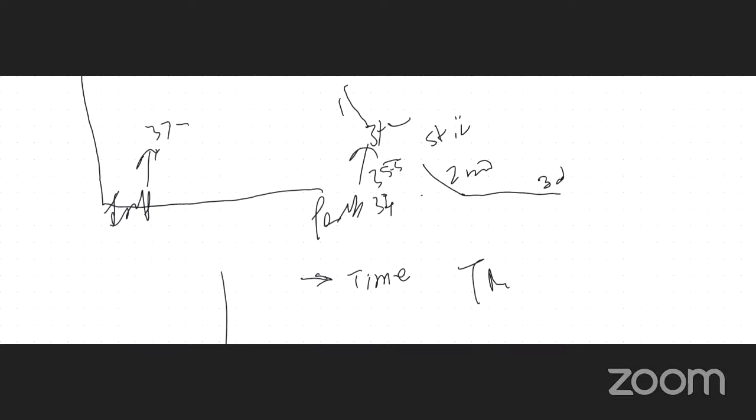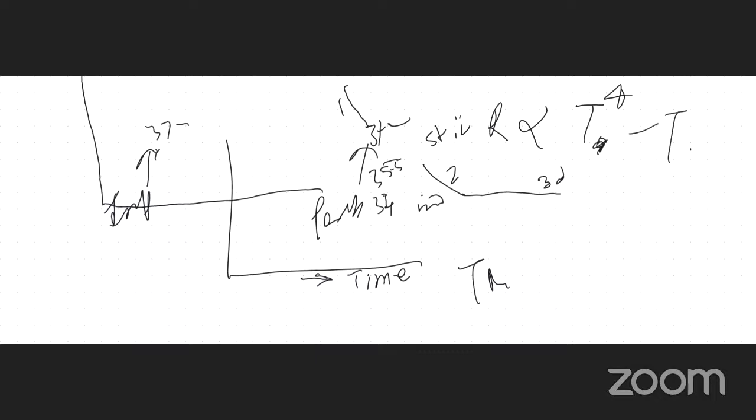There's another point, maybe; I don't know whether it will be relevant. The basic law for cooling is that the rate of cooling is proportional to T to the power of 4 minus T naught to the power of 4, where T naught is the surrounding temperature and T is the object temperature. I am not aware of this, sir. Is it given in some books, sir? This is Stefan's law of cooling.